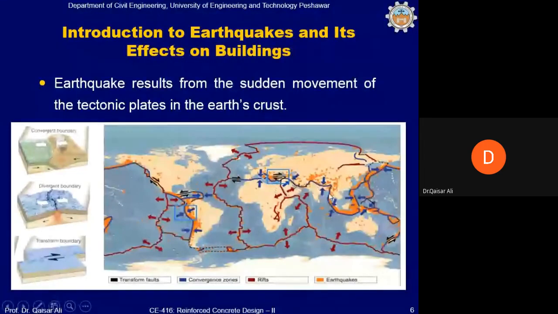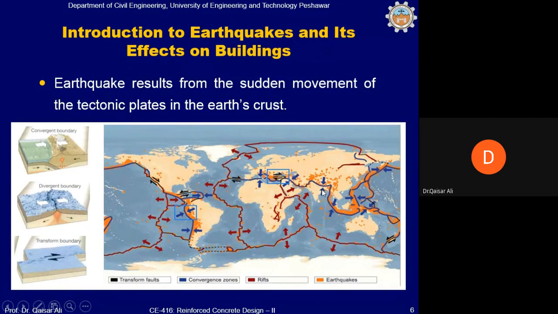If you look at this part of the Earth, this is basically the Indo-Australian plate, and in front of this plate we have the Euro-Asian plate. The Indo-Australian plate is moving towards north, whereas the Euro-Asian plate is moving towards south, thereby forming a convergent boundary in the Himalaya range.